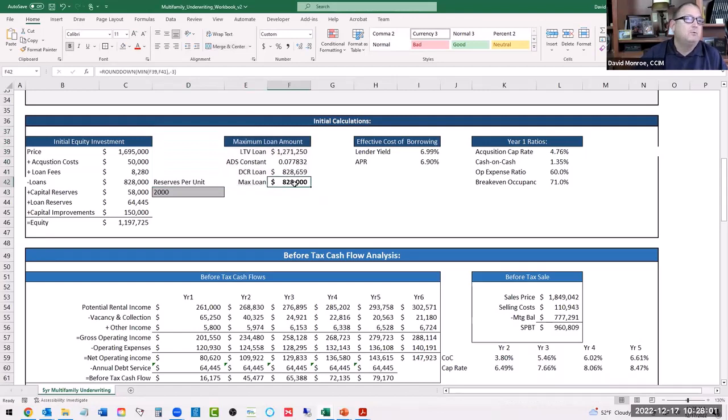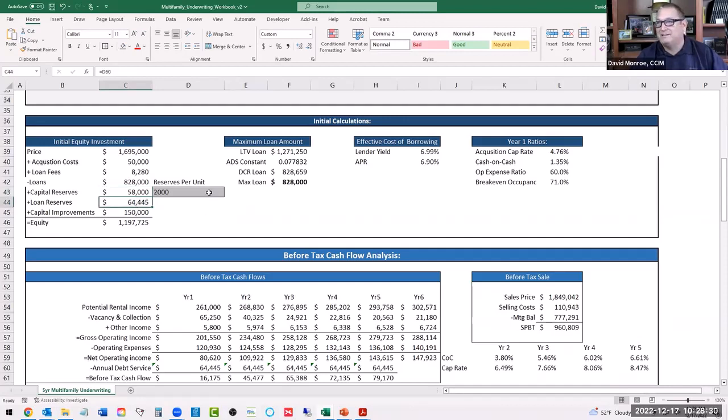So we can see our max loan amount is 828. So minus loan of 828 plus capital reserves. You can put whatever reserves you want. If you only want 500 in capital reserves per unit, that changes the number. If you want 5,000 per unit, that changes the number. In this case, I had 2,000, so we want capital reserves of 58. Here's loan reserves.